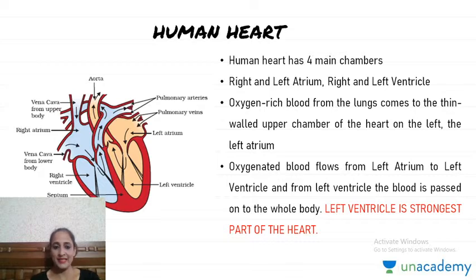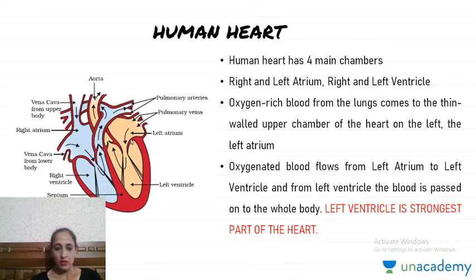Now let's look at the circulation of blood in this heart. How is oxygenated and deoxygenated blood carried away from the heart and brought back to the heart? First of all, as I said initially, the heart is made up of muscle, and these chambers pump blood.